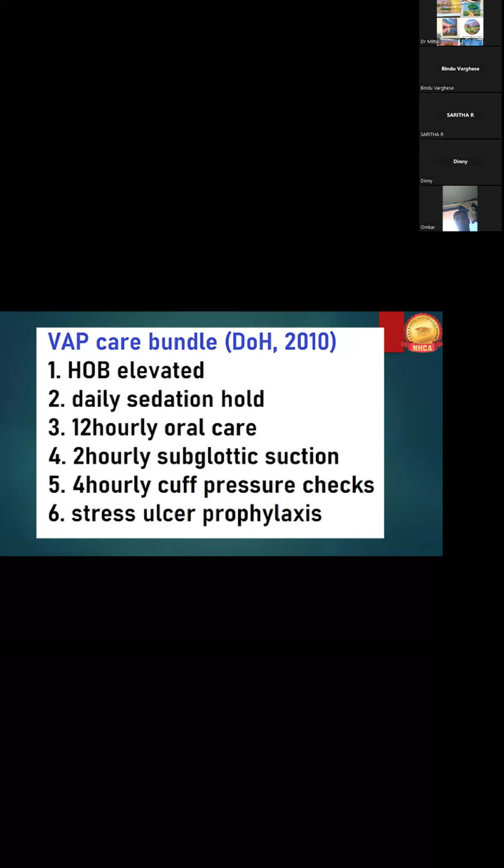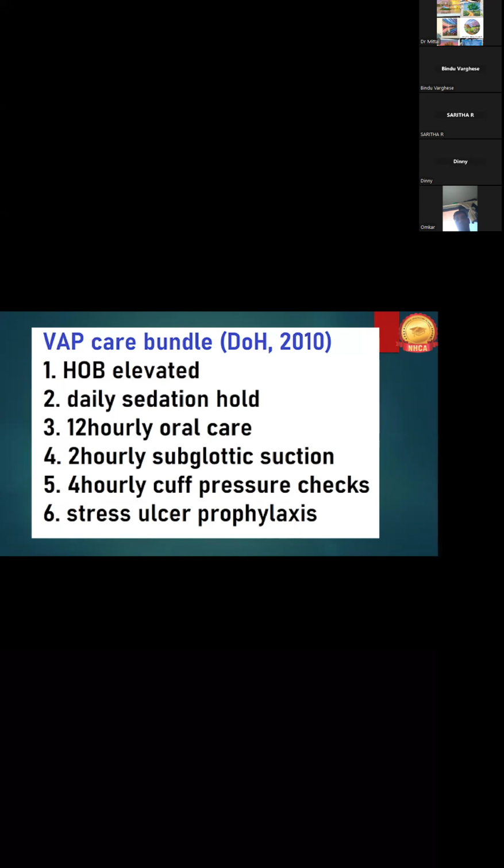All will be low molecular weight, so that there is no stagnation of blood, no pooling, no clots formed, and there is no chance of pulmonary emboli. Pulmonary emboli is a life-threatening complication. The patient can even die. So that's why you're supposed to prophylactically treat the DVT also.